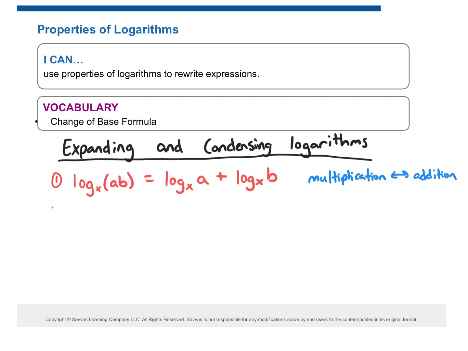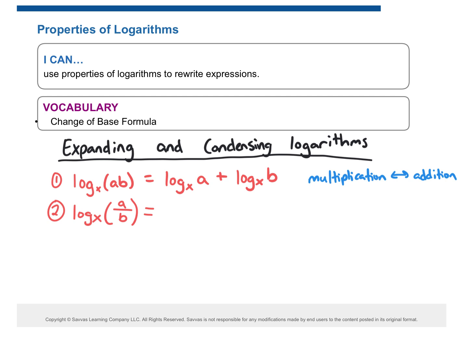Number 2 is when we have log base x, and now I'm going to go A over B. What's happening between A and B now? Division. They're dividing. So what do you think goes with division? Subtraction, exactly. So that's in condensed form right now. Again, how do I know that this right here is condensed? Because we only have one log. Yep.